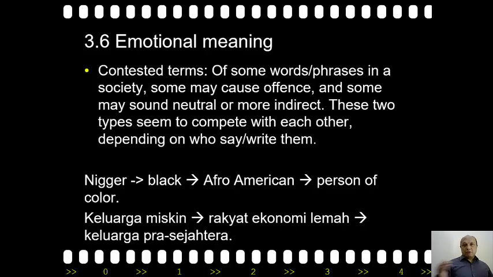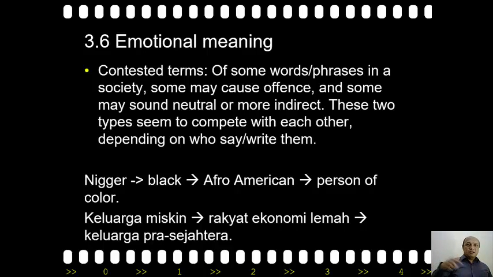In our society, of course, these coexist. If you don't like the government and you want to criticize it for not taking care of poverty, then you will say keluarga miskin. Look, your government is doing a poor job in abolishing poverty. There are many keluarga miskin.